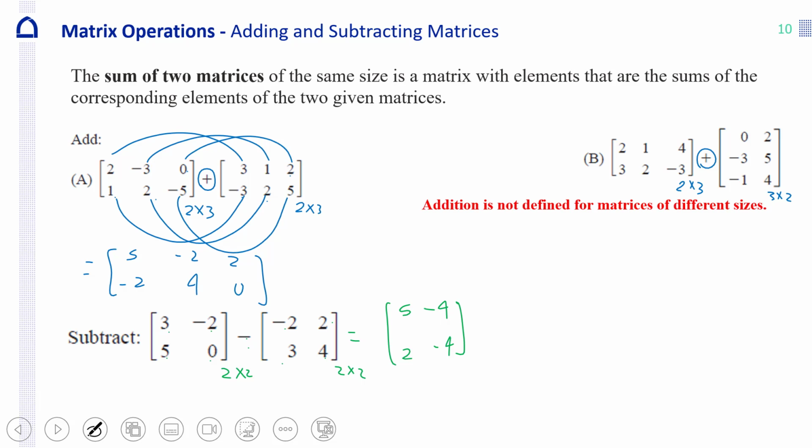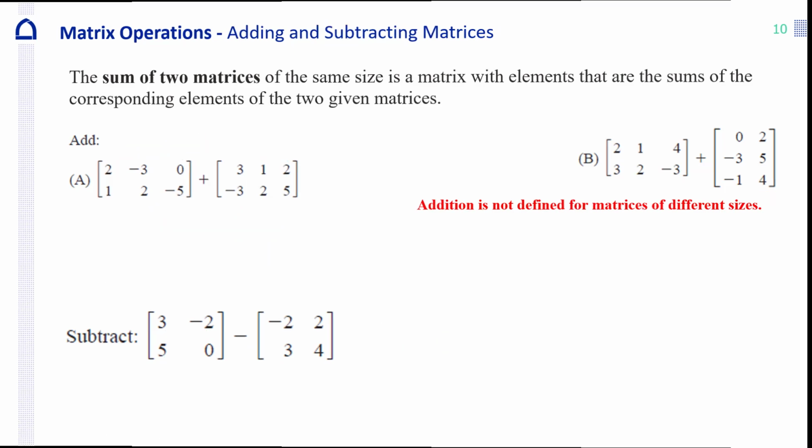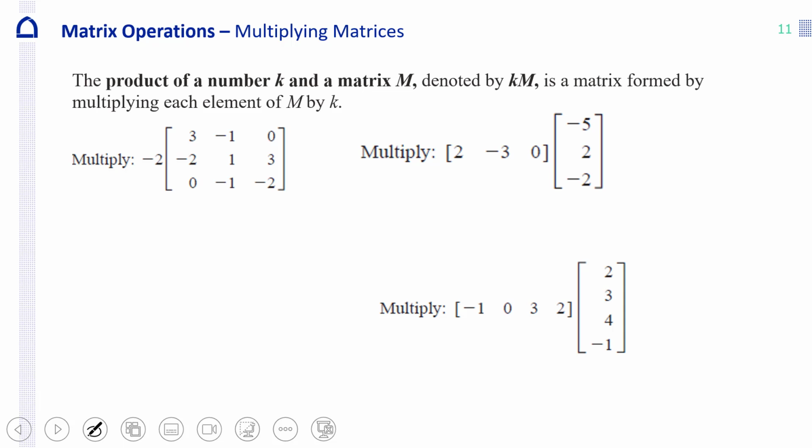So to add or subtract, you should have the two matrices having the same size or same dimension. The multiplication is different. Why? To multiply by a scalar, as we said last time, you have to multiply each entry inside by this scalar.